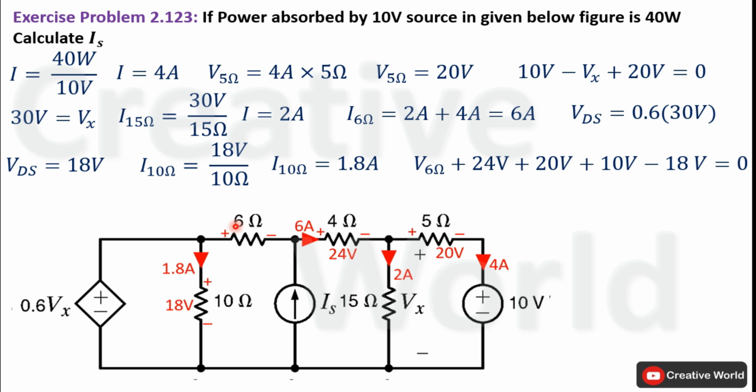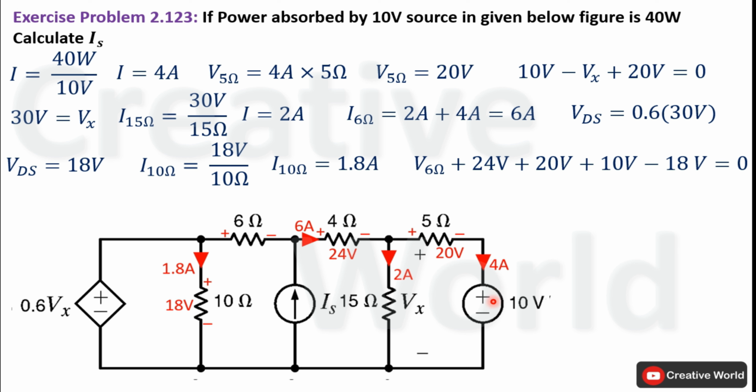Start from here. Current entering terminal will be positive because we are taking clockwise direction of current through this closed loop. So voltage across 6 ohm resistance will be taken with positive sign. Next, voltage across this 4 ohm resistance will be taken with positive sign because current is entering from positive terminal. Next, current entering terminal is positive, so 20 volt will be taken with positive sign.